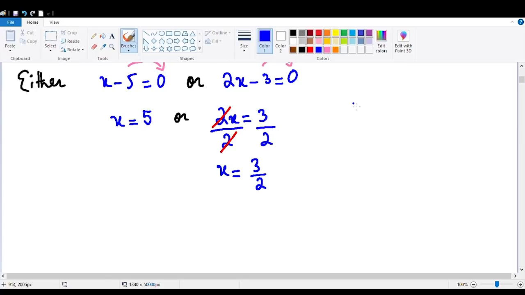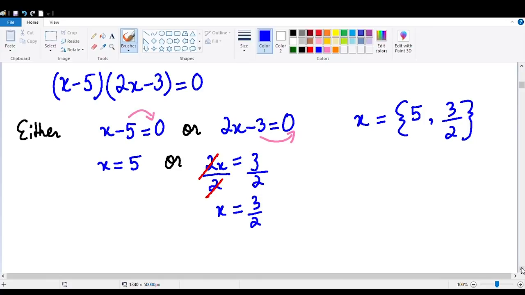So again, it was a quadratic equation, so we got two results, 5 and 3 over 2. That's the solution set for this quadratic equation. That means that these two are the roots of this quadratic equation, and if we use these roots, we can actually get this quadratic equation back, but that's for another video, for another day.